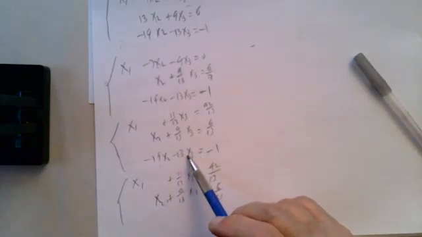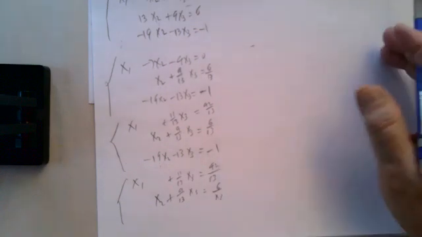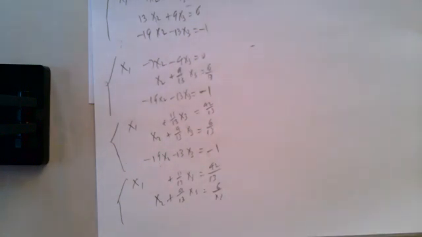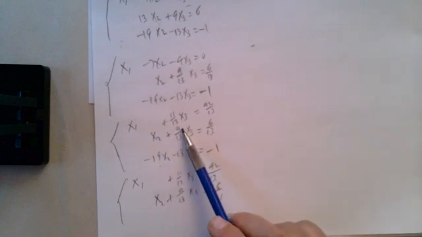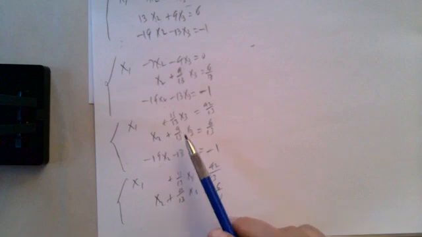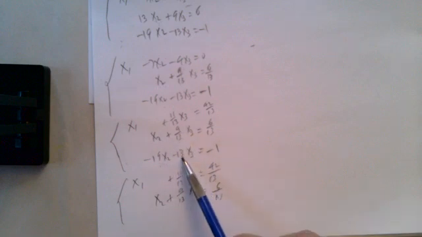minus 13. Let me just do that little calculation so we can see what it is. I'm multiplying 9 by 19 over 13 and subtracting 13.